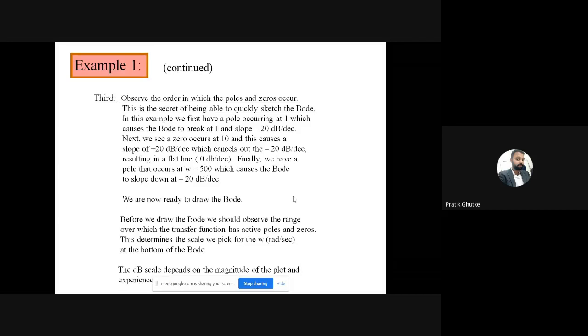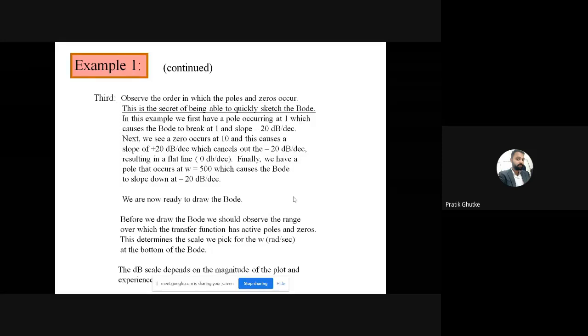And on the extreme left-hand side of your semi-log paper, I have to draw one vertical line. That line is called the dB line or degree line. So the vertical line is the dB line, and the horizontal line is the omega line, that is radian per second line.